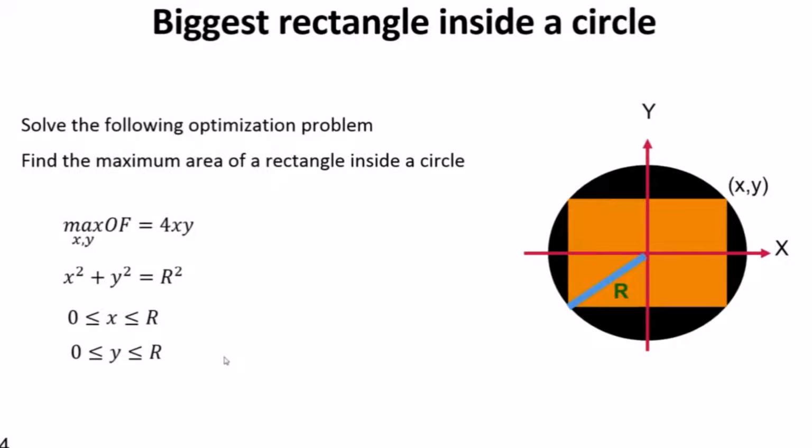In order to solve it in Python, we need to define some input data and also some decision variables. Now you can imagine what the decision variables are here. We have 2 decision variables, x and y, and also one objective function, which is called OF here.